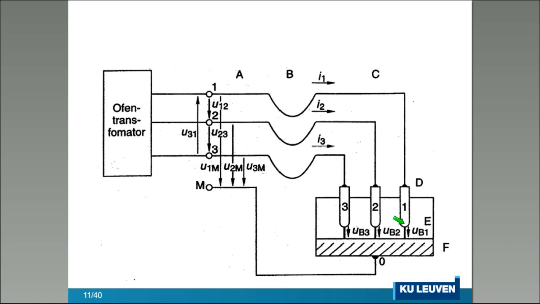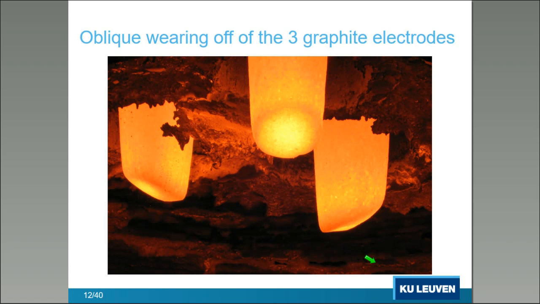The current is flowing from one phase to the other. We have here a bottom electrode, but that is just for earthing. So there is no huge current in this electrode. It's just for the earthing of the system. These are the 3 electrodes.